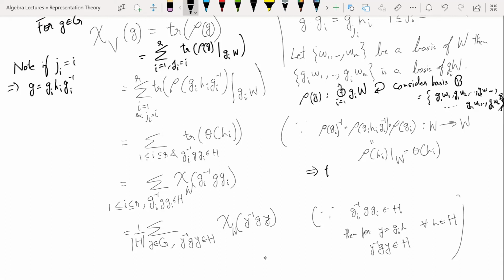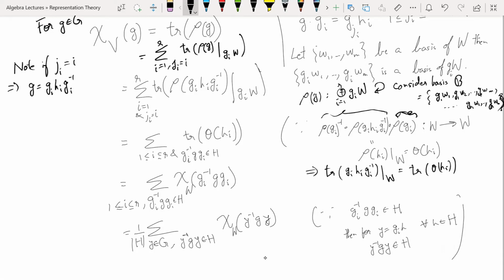This implies the trace of G_i H_i G_i inverse restricted to W is the same as the trace of theta H_i, because you just conjugate. The trace of AB is the same as the trace of BA. You can use that with this as your A and this as your B, if you like. So this is the same as the trace of theta H_i.